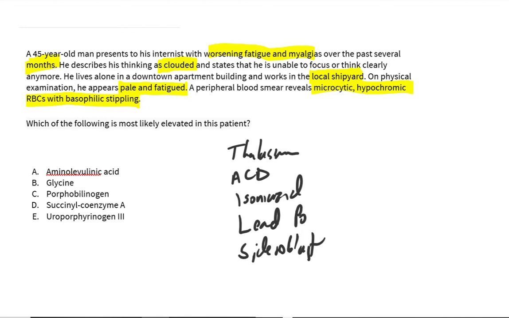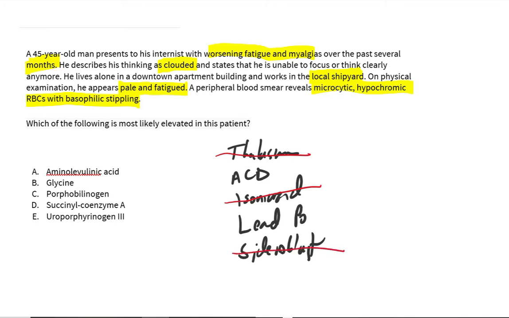So this patient likely doesn't have a thalassemia because that would present earlier in life. Chronic disease, we can keep that on there. Isoniazid, there's no evidence that this patient is being treated for tuberculosis, so we can safely cross out isoniazid. Lead poisoning, definitely pretty high on the differential.